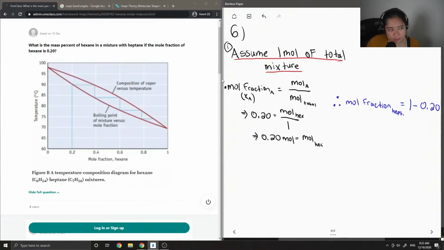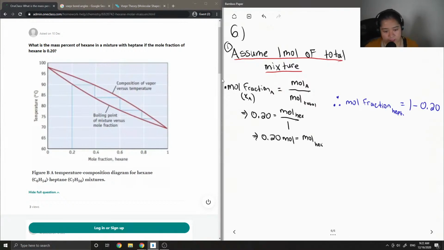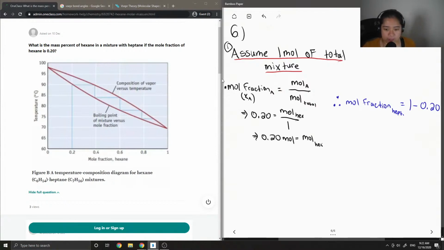Since we know that this mixture only contains hexane and heptane, if 0.2 of the 1 mole of the total mixture is hexane, then we know the remaining 0.8 will be heptane. And since we know the mole fraction, we can also write that the moles of heptane is 0.8 moles.